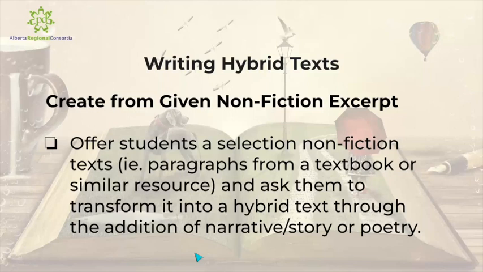You might pull an excerpt from a Wikipedia page. You might have a couple of paragraphs from a reference book. And then you're going to support your students in transforming that nonfiction text to build a hybrid text by adding an element of narrative or story or poetry directly connected to the nonfiction excerpt that you've given to them.